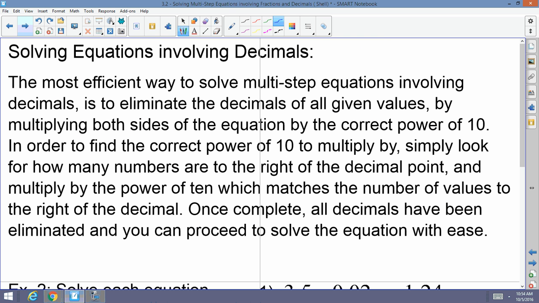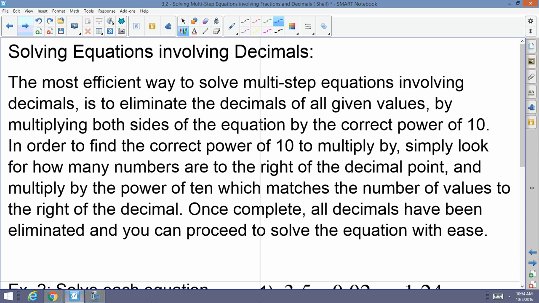Okay, now, decimals. A lot of words, but that's why I wrote it for you, so please listen to me. The most efficient way to solve multi-step equations involving decimals is to eliminate the decimals of all the given values by multiplying both sides of the equation by the correct power of 10.